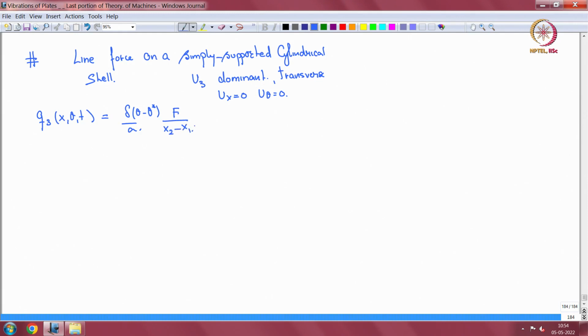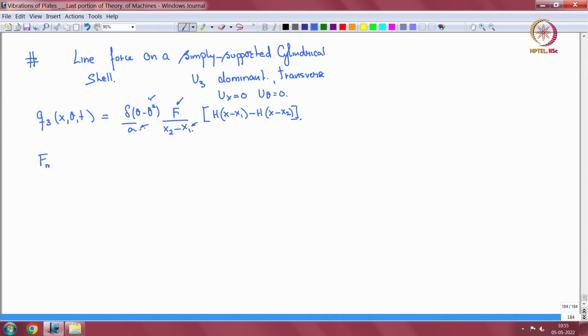This is force over unit length, and then I set a Heaviside function h x minus x1 minus h x minus x2. So this is force per unit length, force per unit area, this is theta, so units are okay.